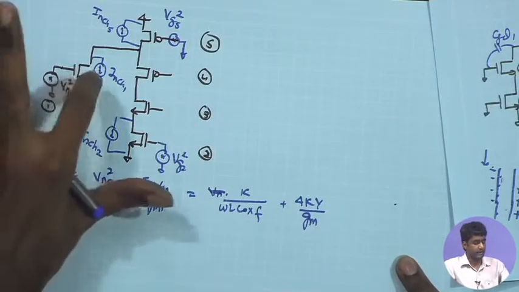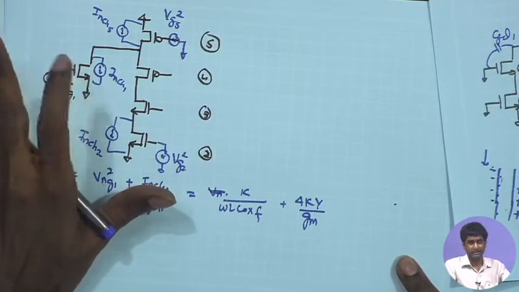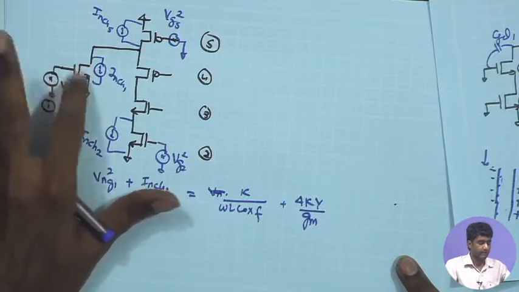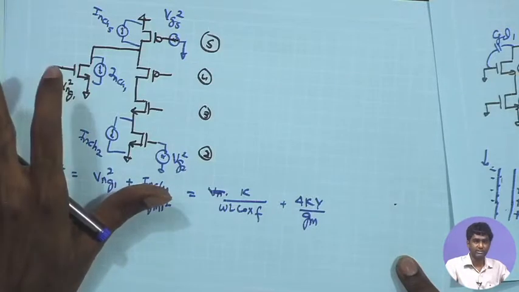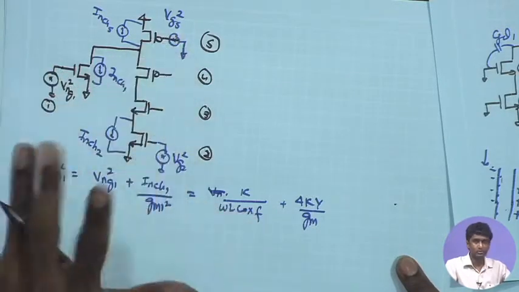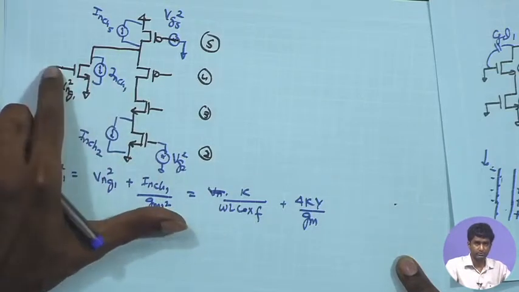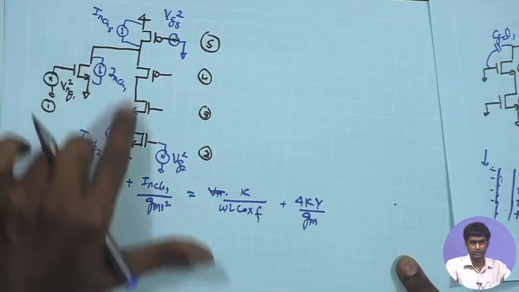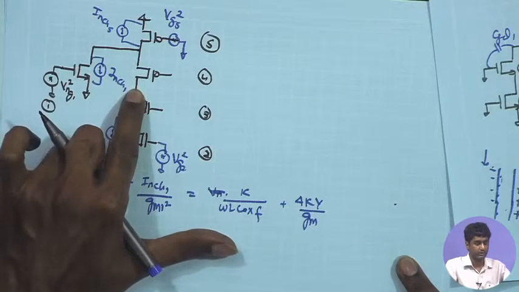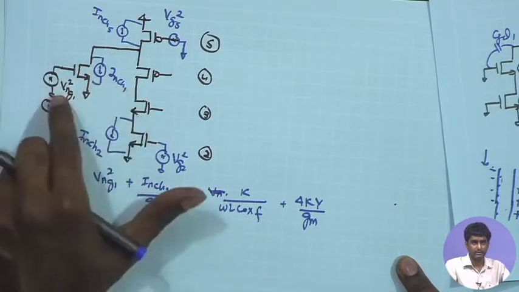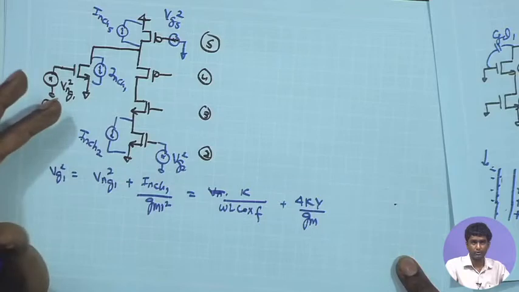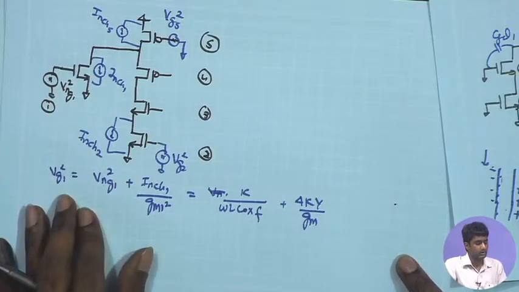So, if I take M1, this is acting like the input device of the cascode. If I am calculating the effect of VG1 square, the others will be set to 0, and I will just calculate the output voltage because of the VG1 square, and we know the gain from the input to the output, we have already calculated that. So, we have a 1/3 factor times GM square RO square. So, let us write that down.